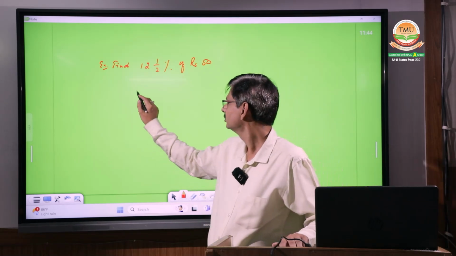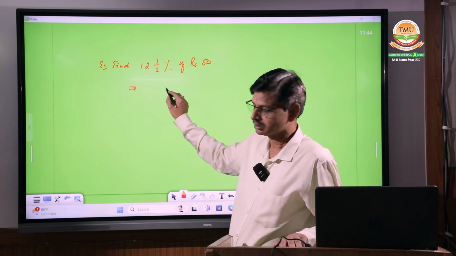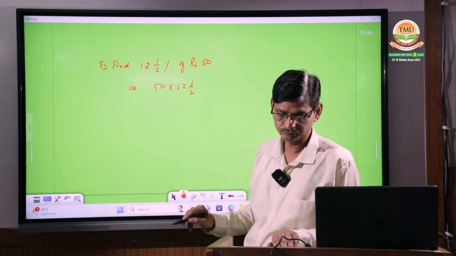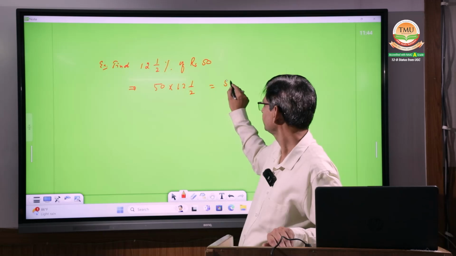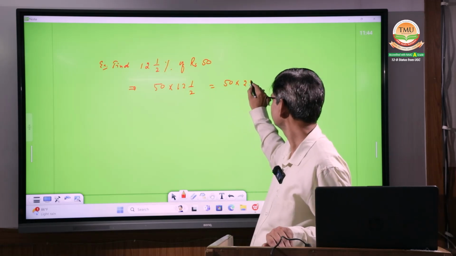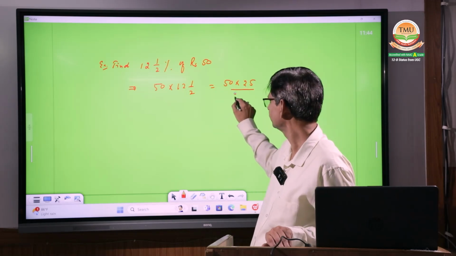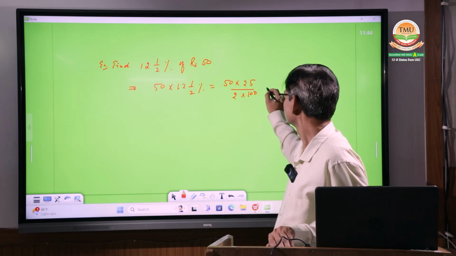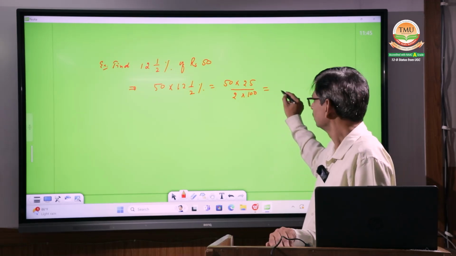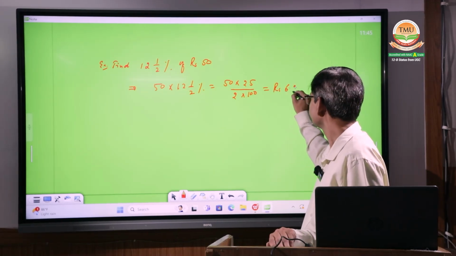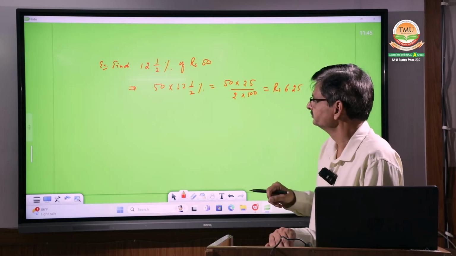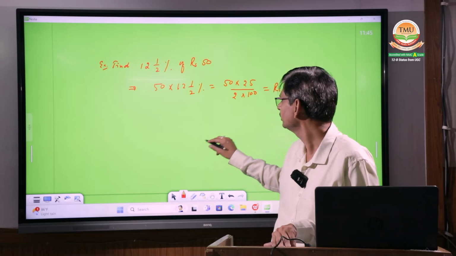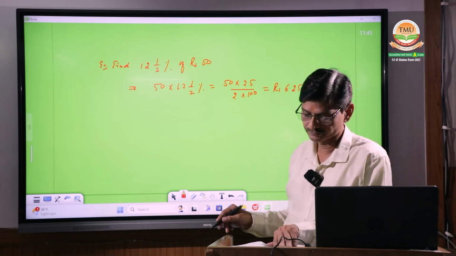Now this can be solved like this. 50 multiplied by 12 1 upon 2, that is 50 into 25 upon 2 into 100. This will be rupees 6.25. This is the point. 12 1 upon 2% of rupees 50 can be converted like this.